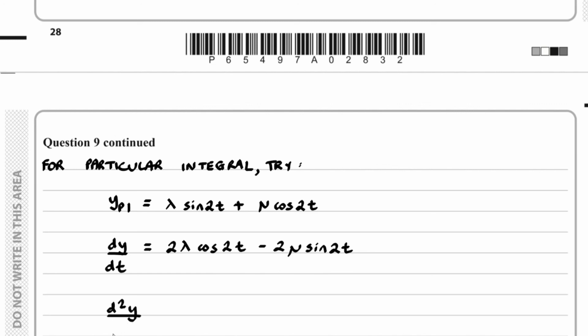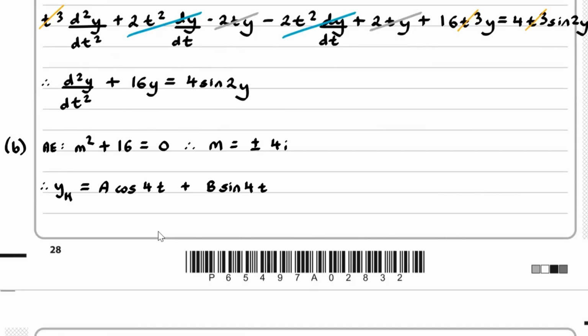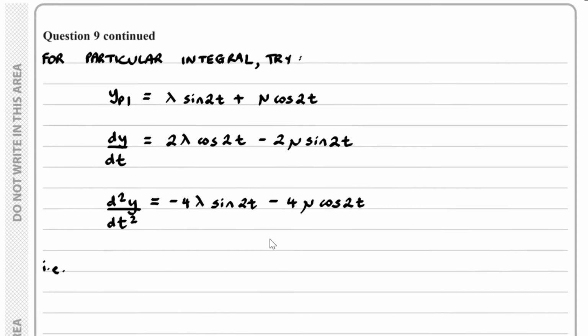And if we differentiate once again, then we have minus 4 lambda sine 2t minus 4 mu cos 2t. And what we can do is now substitute these back into the differential equation.